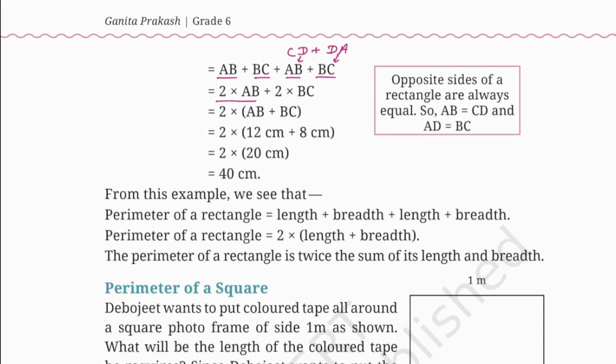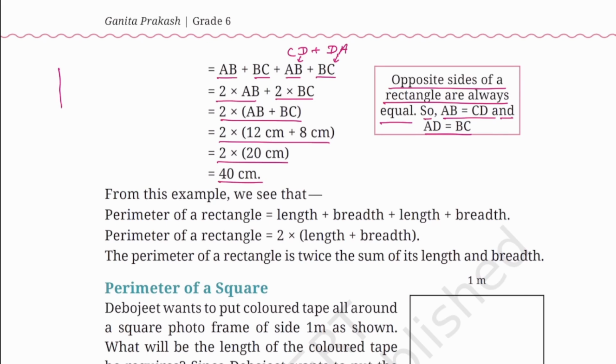So 2 times AB plus 2 times BC, or 2 times (AB plus BC). 2 into (12 cm plus 8 cm) is equal to 2 into 20 cm, which is equal to 40 cm. Opposite sides of a rectangle are always equal. So AB is equal to CD and AD is equal to BC.